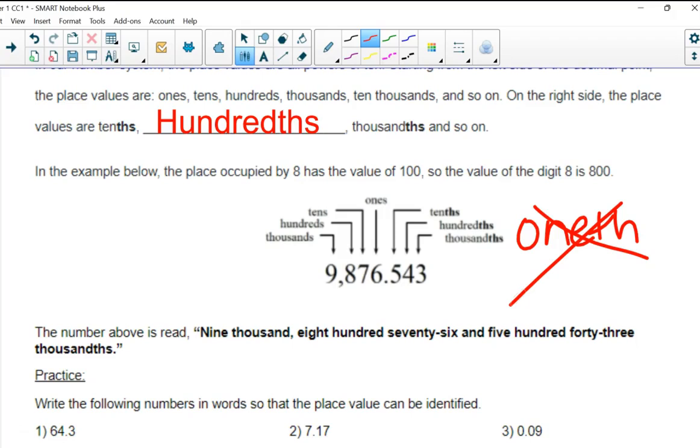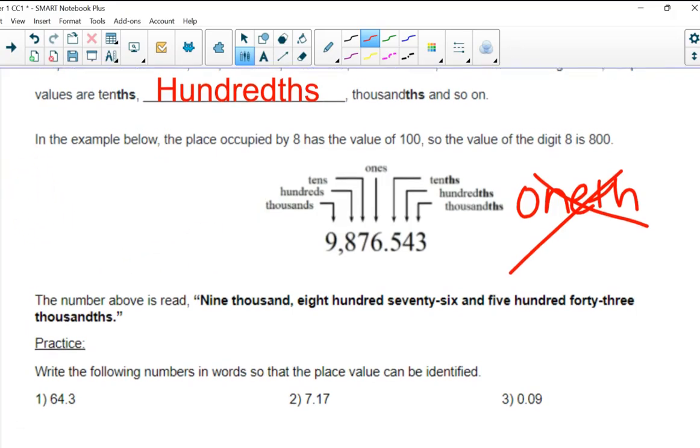But I can't cut my cupcake into one piece and then take the one piece. No, I'm just taking a whole. So that is why behind the decimal, we do not have a oneth. But we do have a tenth, hundredth, thousandth, and so on. So it does follow the same pattern, just without the ones place.